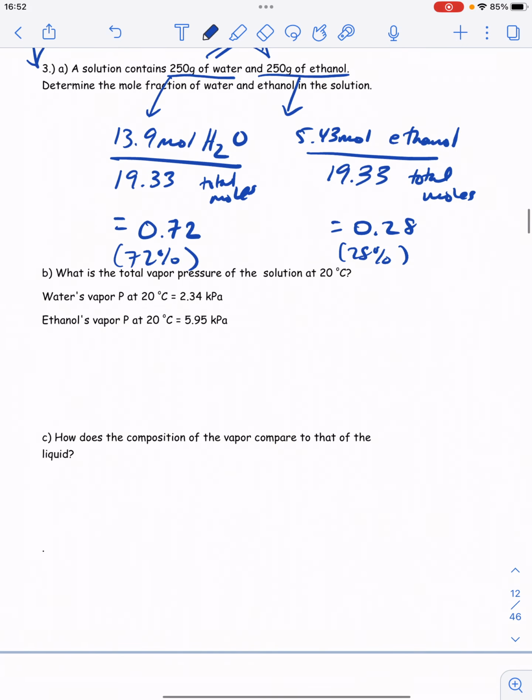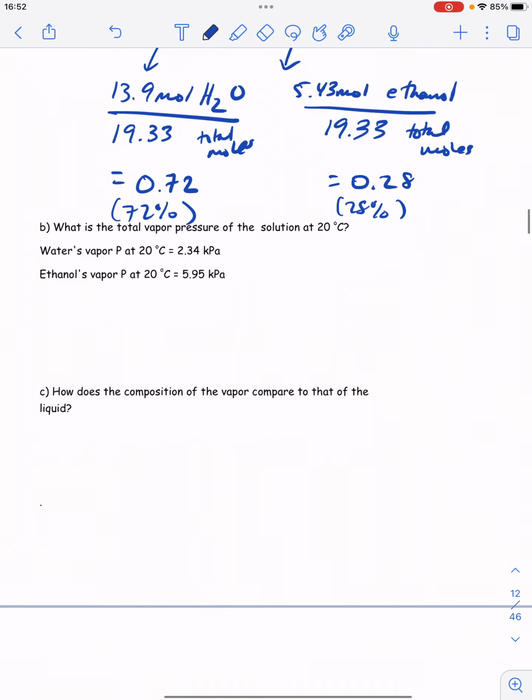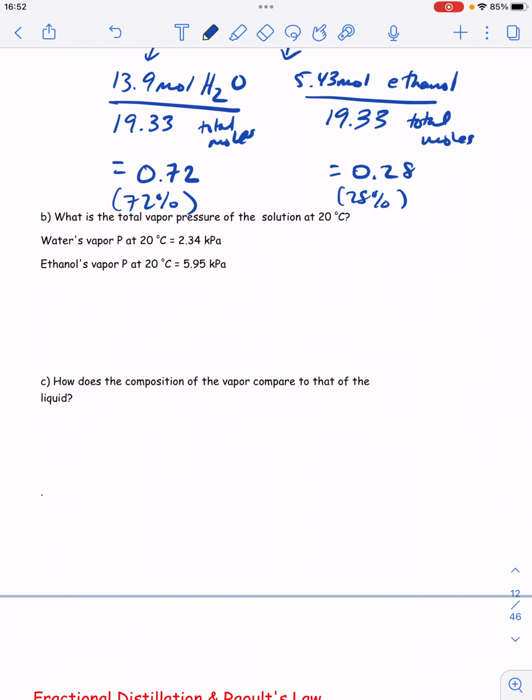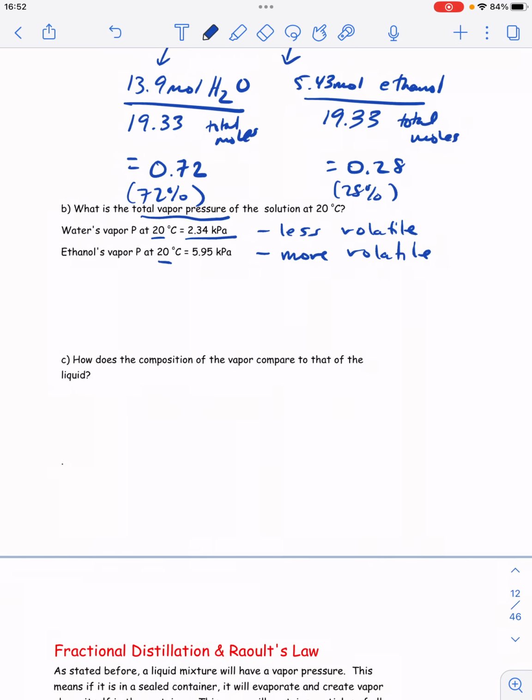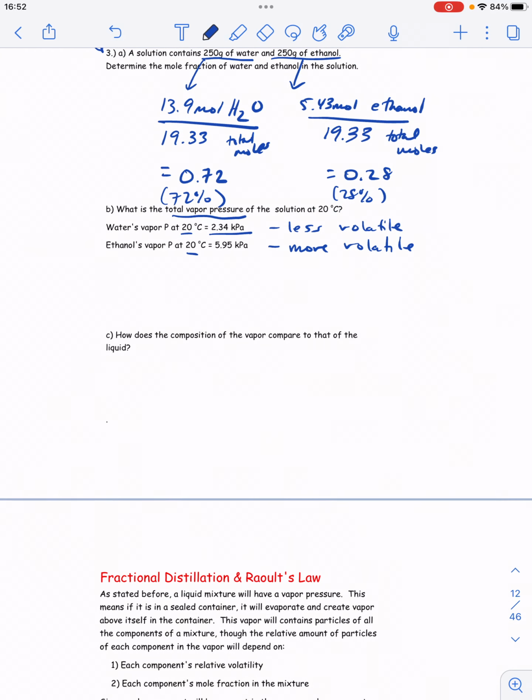Okay, so that's in the liquid phase, that's in the aqueous solution. Now, if we look at their vapor pressures, we can tell that at 20 degrees Celsius, since water has a lower vapor pressure, that means it's less volatile. It doesn't produce as much vapor, whereas ethanol is more volatile. And so there's a way to calculate the pressure that each one is contributing.